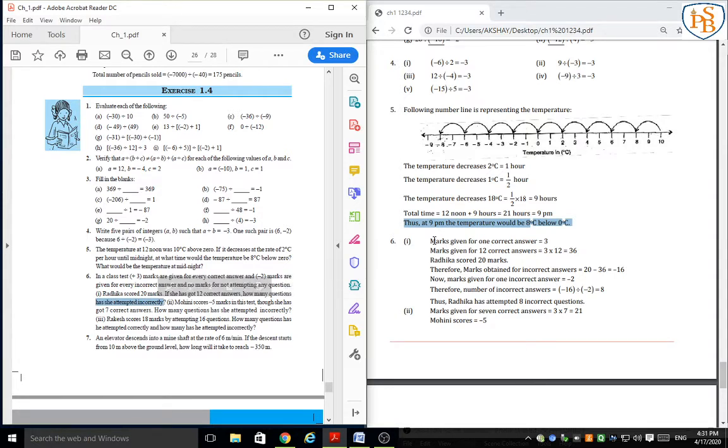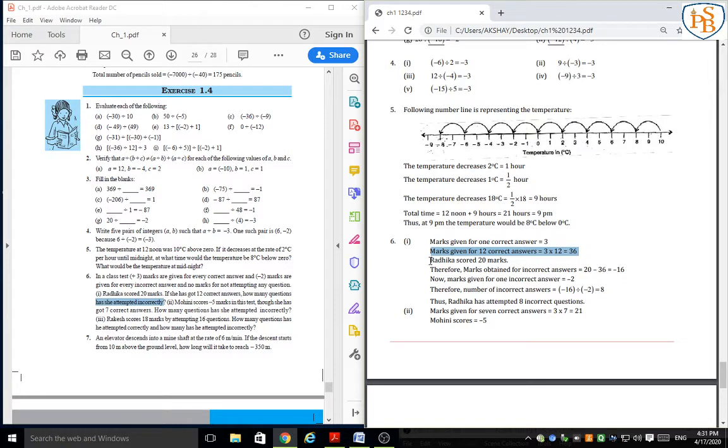Look here. Marks given for 1 correct answer is 3. Marks given for 12 correct answers is equal to 3 into 12 is equal to 36. Radhika scored 20 marks. Therefore, marks obtained for incorrect answers is 20 minus 36, that is minus 16. Now marks given for 1 incorrect answer is negative 2.